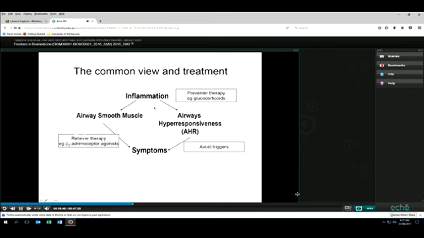And inflammation, which induces not just some of those changes that we looked at on the histological slide earlier, but also is responsible for airway hyperresponsiveness as well. Inflammatory changes can be addressed often very effectively with glucocorticoid therapy. And as you know, this is almost exclusively in asthma given as inhaled corticosteroid therapy.